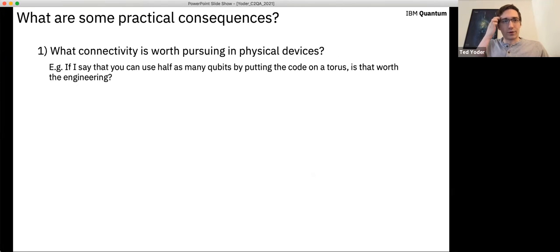And then what are some practical consequences? Here I'm hoping to spur a little bit of discussion in the center, because one of the results of our work is saying what amount of savings you can get by using different topologies or different graphs.